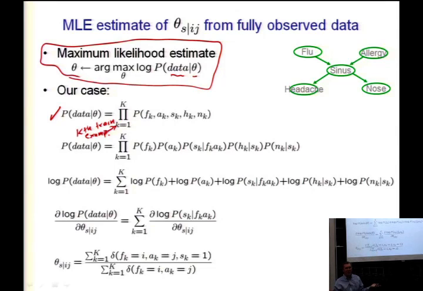The probability of F is not influenced by that. It has its own parameter. And so the only term out of this expression that actually is influenced by this is, of course, the one where we have S depending on F and A.